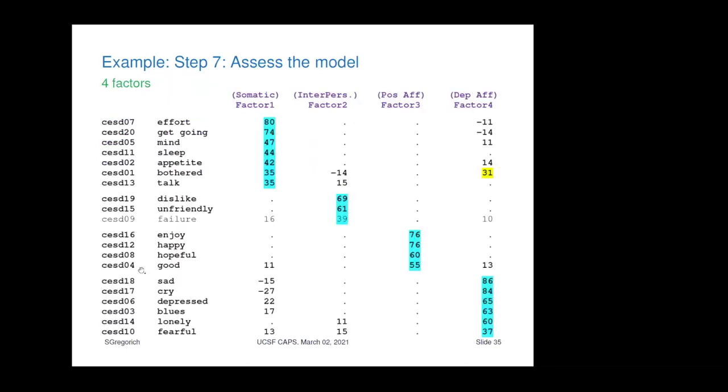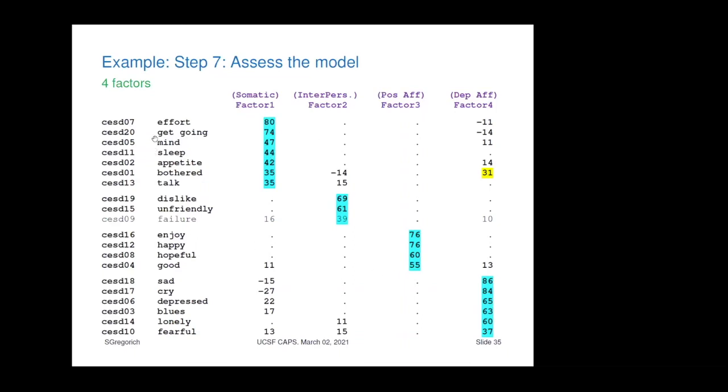So here is the 4-factor solution. And other than this failure item, it basically is reproducing the 4-factor solution that Radloff first published. So it's doing a pretty good job. And again, a lot of people have this issue in their data, and I think it's a questionable item.